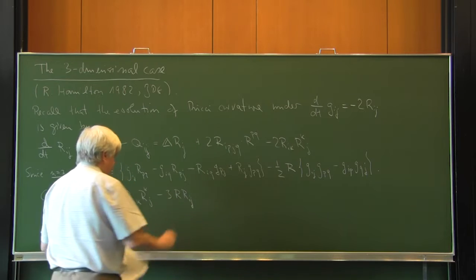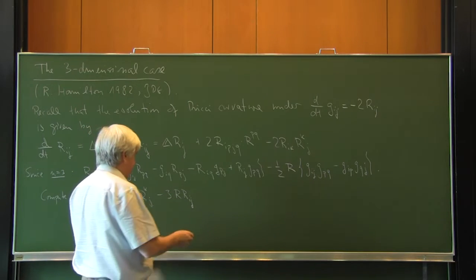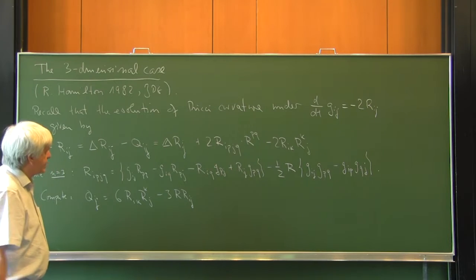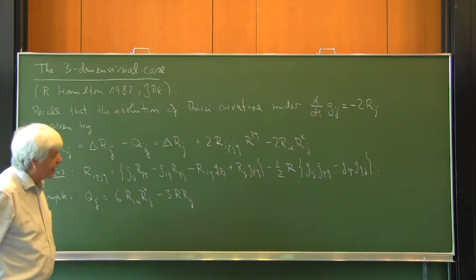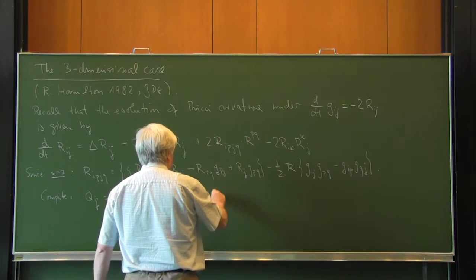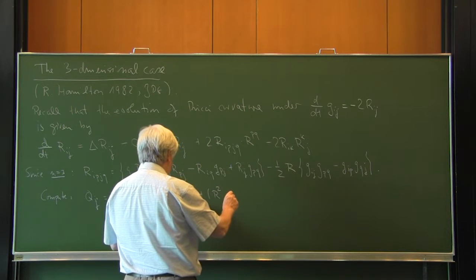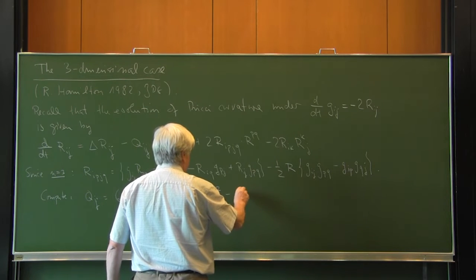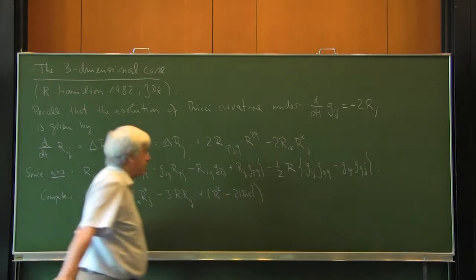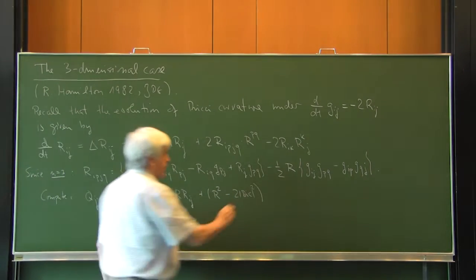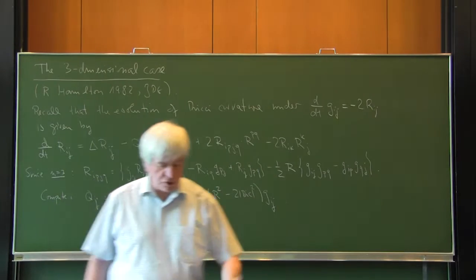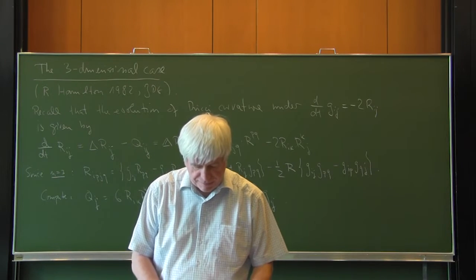And then there is a scalar term times the metric, and the only scalars that you can build from the Ricci tensor and the scalar curvature are the square of the scalar curvature, and the coefficient is 1, and the square of the Ricci tensor. So it's this term multiplied with g_ij. Okay? So these are the evolution equations that we get.